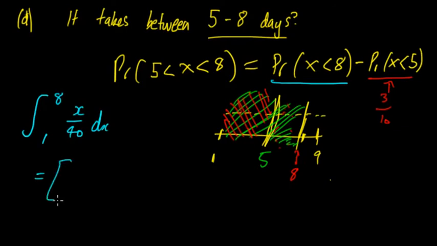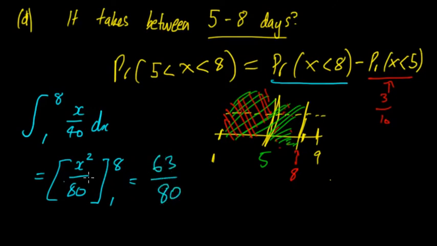And that gives us x squared on 80, from 1 to 8, which equals 63 on 80, because 8 squared is 64, minus 1 gives us 63 on 80. Then we have to minus 3 on 10, so we'll convert 3 on 10 back into 80ths, so just times the top and bottom by 8, and we get 24 on 80.